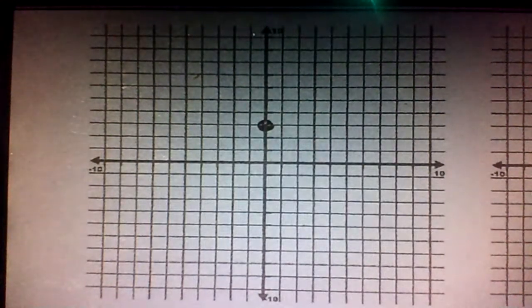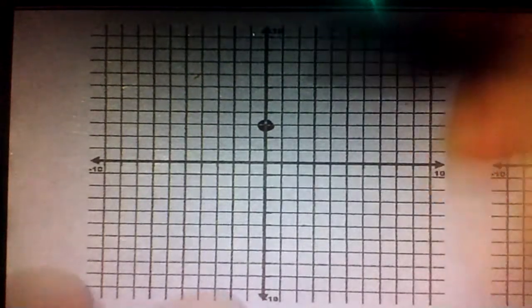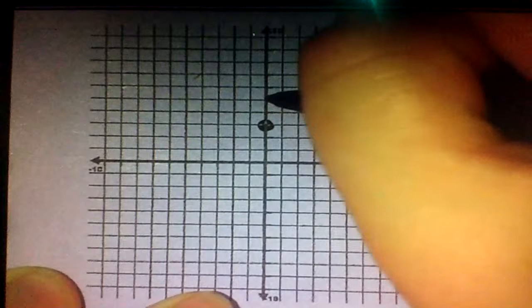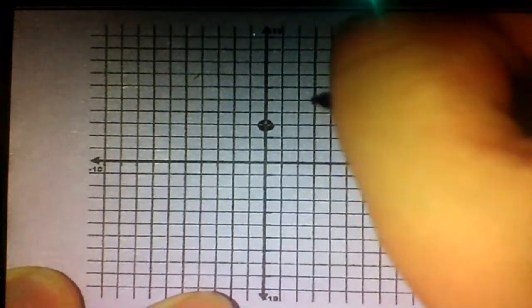That was a big issue. So your y-intercept is +3. From there, we go up 2 and to the right 3. So we count 1, 2, 1, 2, 3.